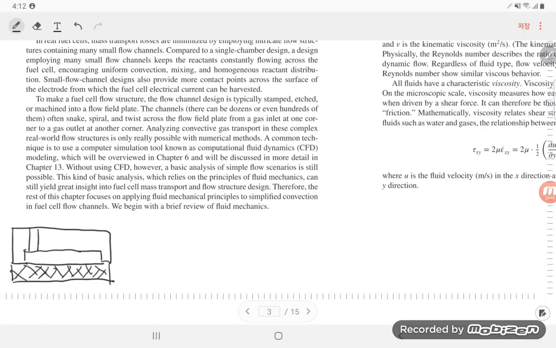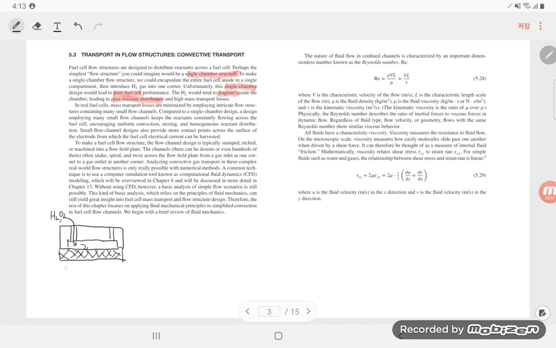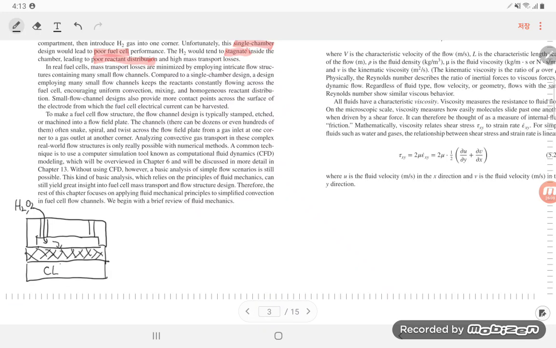If there is an inlet here and an outlet, then after we inject H2 or O2 gas here, it should go through this GDL, the gas diffusion layer, and this is the catalyst layer. They should reach this catalyst layer for generating the electron current.